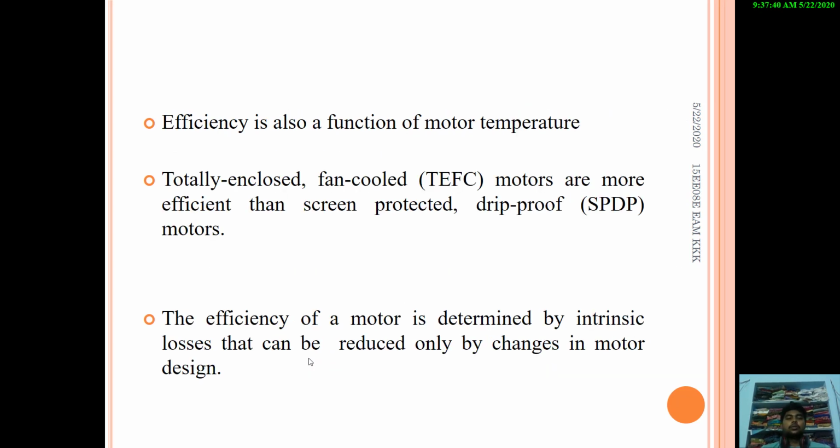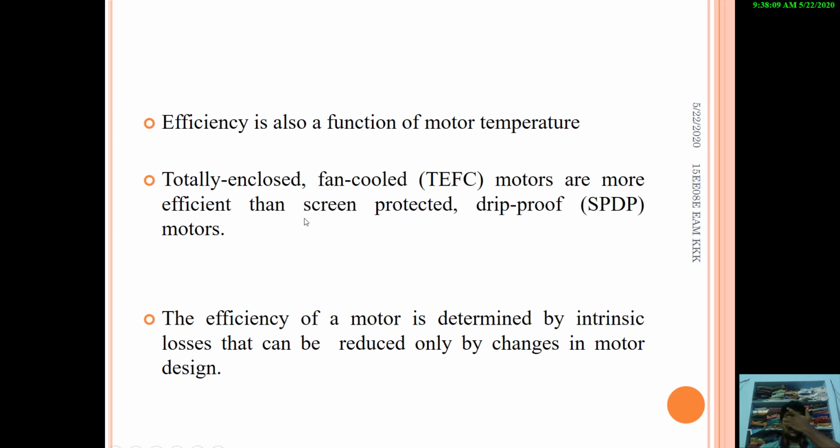The efficiency is also a function of motor temperature. That is, temperature eventually comes under resistance, and the heat loss is due to resistance, which correspondingly results in some loss of efficiency. Totally enclosed fan cooled, that is TEFC, motors are more efficient than screen protected drip proof motors.